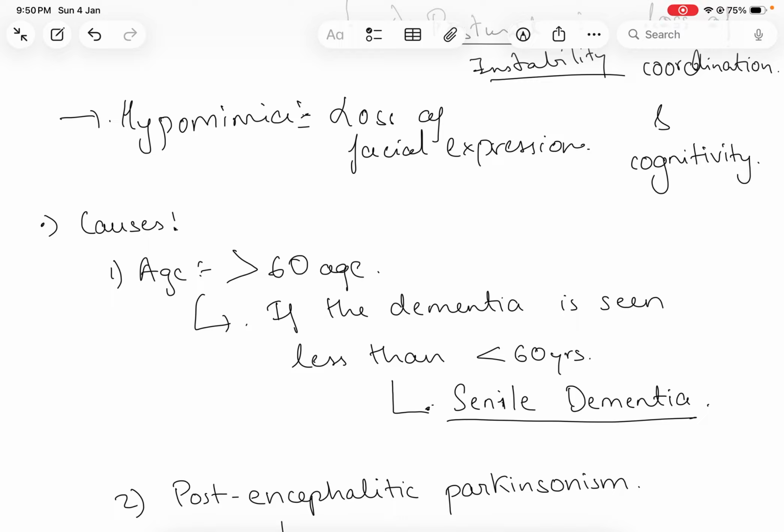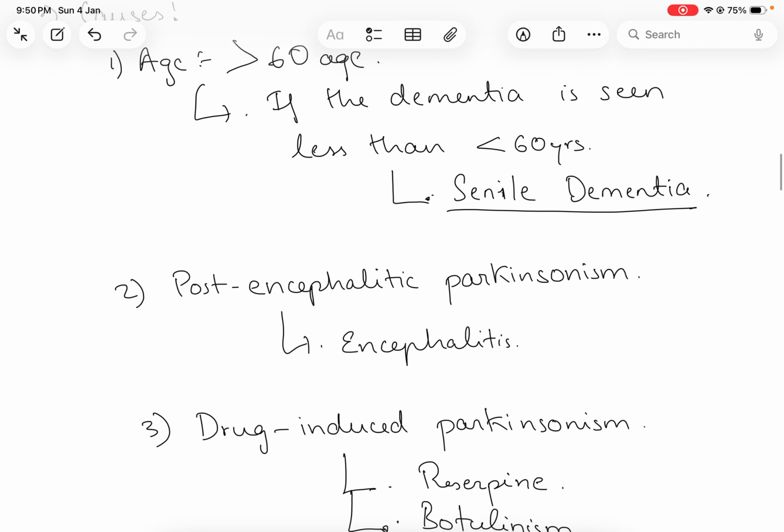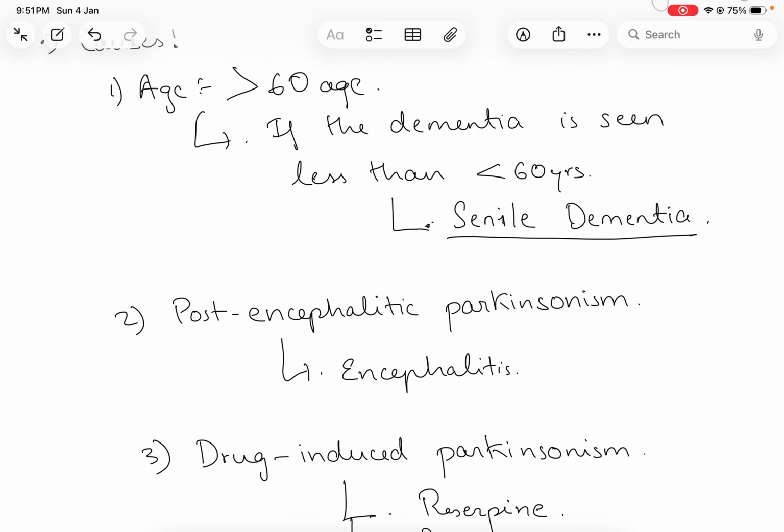It is a basic thing that we usually come across patients who are above 60 and suffer from dementia. If dementia is seen in patients who are less than 60 years of age, then we come to the conclusion that it is a kind of senile dementia. Senile dementia is also seen in diseases such as Alzheimer's.